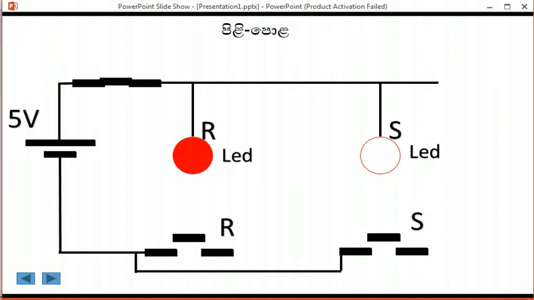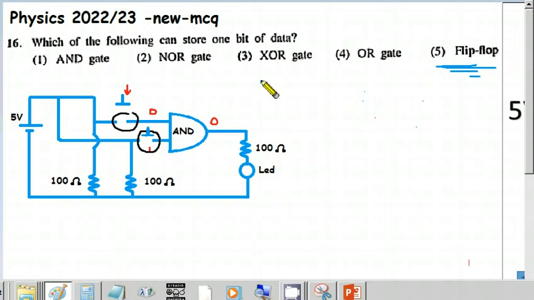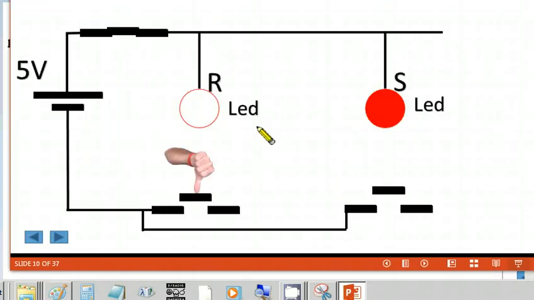So now children, it is obvious, the answer is this one. So children, what is this word bit? So we observed this circuit, a flip-flop. There are two LEDs, two terminals.